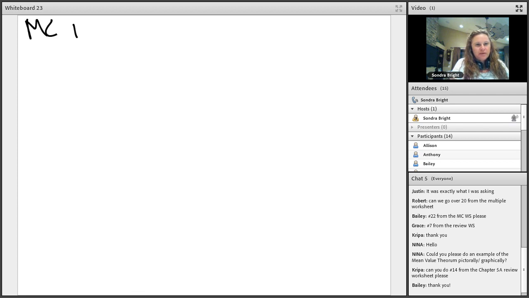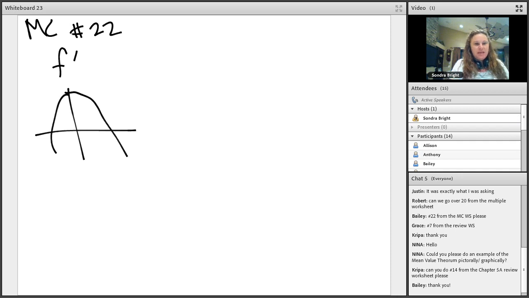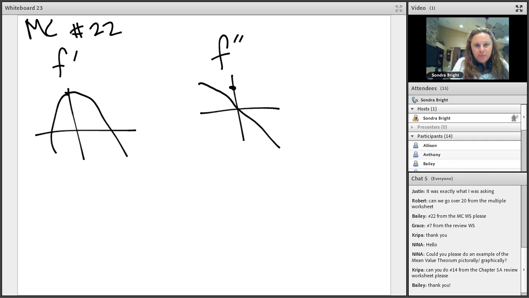So multiple choice, 22. They give you f prime is this guy, and f double prime is this. Pretend like that's straight. And then point P is somewhere here.